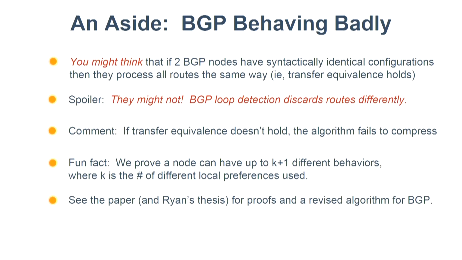And so the problem with this is that the condition we're looking for, transfer equivalence, winds up never holding in the presence of BGP. I can't go through the details here, but if you look in the paper, you can find a theorem that we prove about the behavior of BGP that limits the number of behaviors it can have, and a new algorithm that will accommodate BGP in this kind of setting.